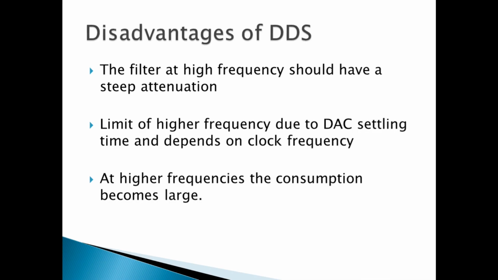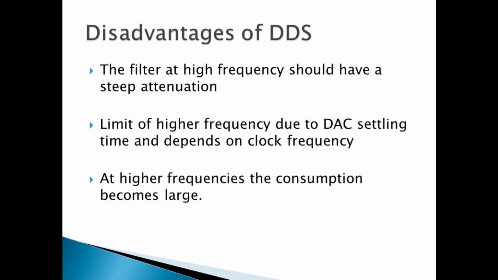So this filter should have a bandwidth slightly greater than the higher frequency limit, and hence it requires a steep attenuation that causes a group delay. As you know, you have studied filters.